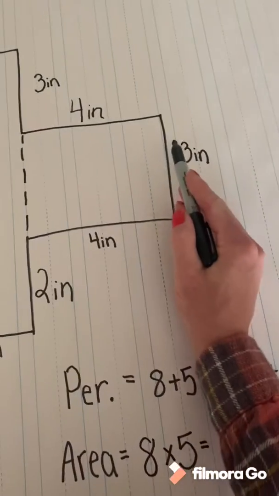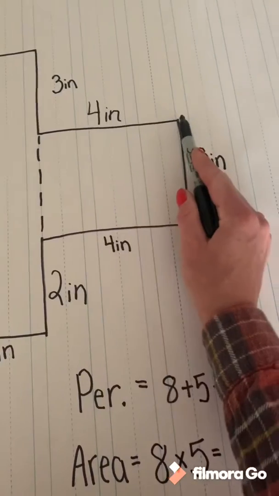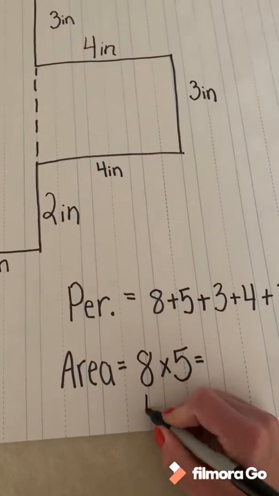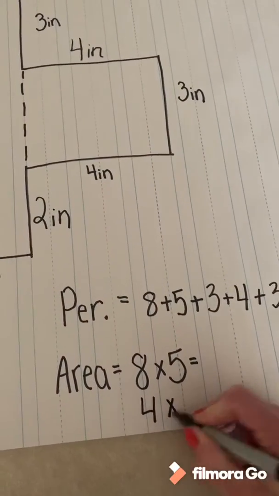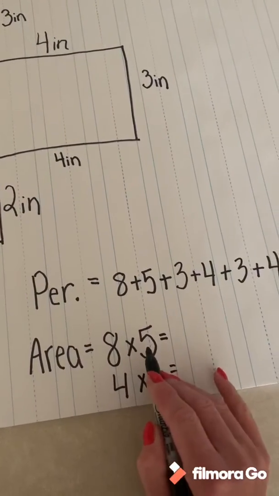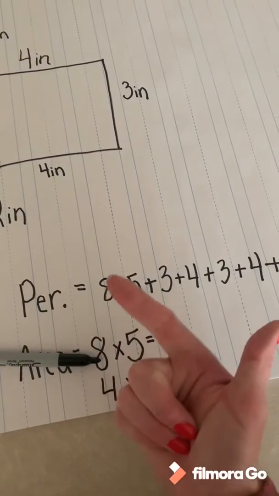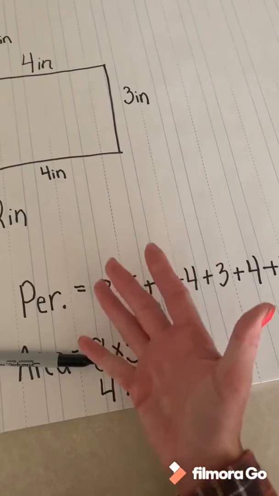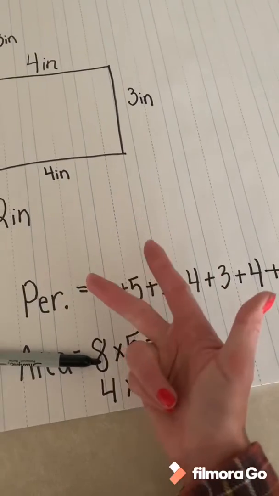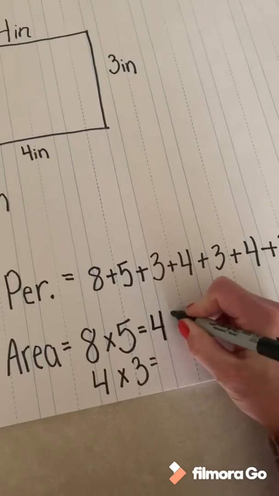And then also figuring out the area of this little chunk, which is a 4 by 3, or 4 times 3. Well, I remember my 5 strategy says I can count by 5s 8 times, so I'm going to look at 5, 10, 15, 20, 25, 30, 35, 40. So I know that 8 times 5 is 40.